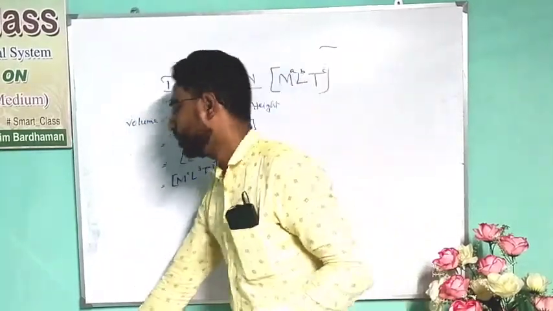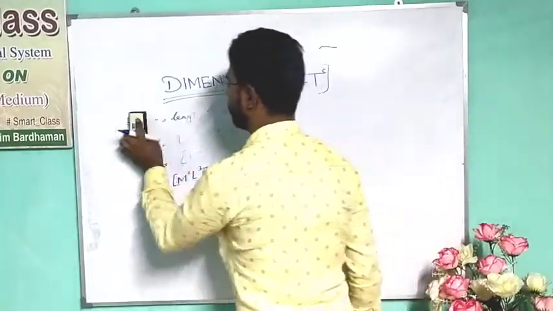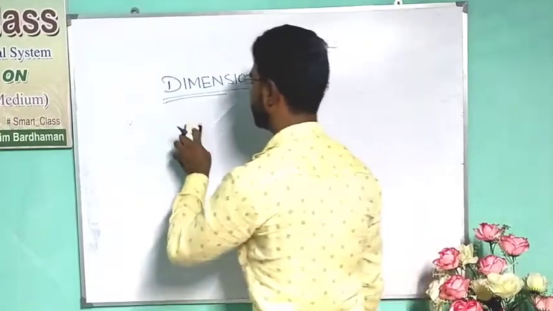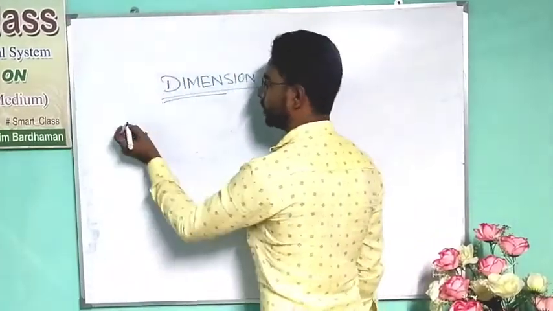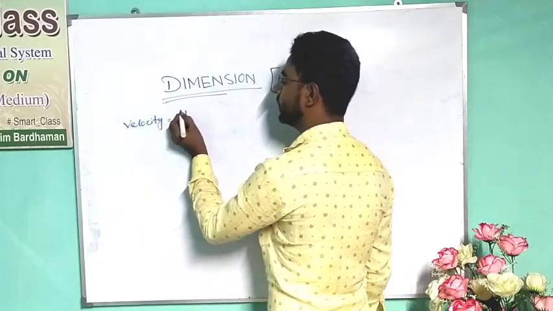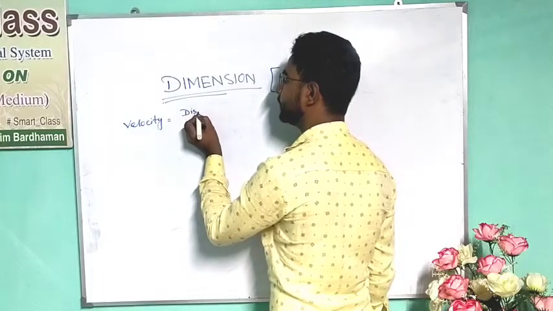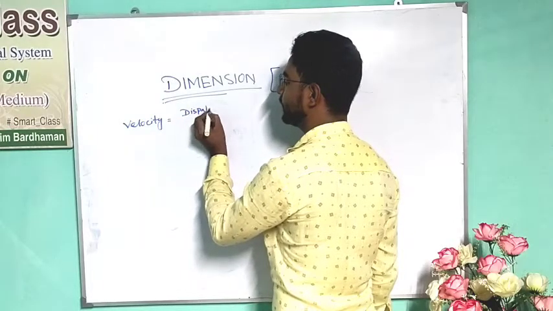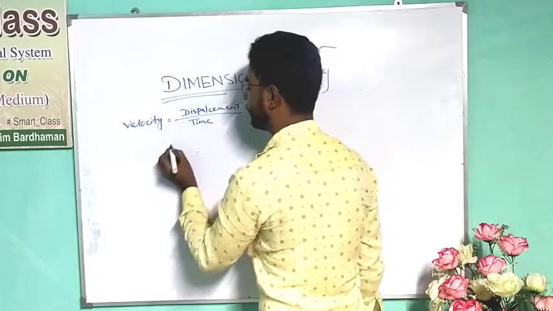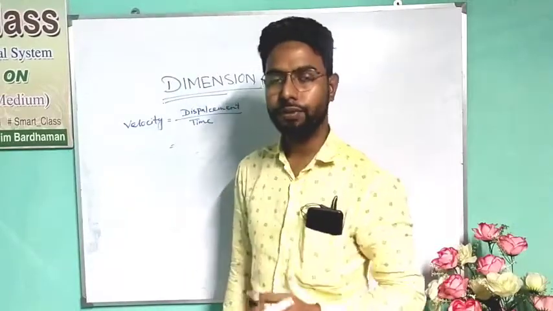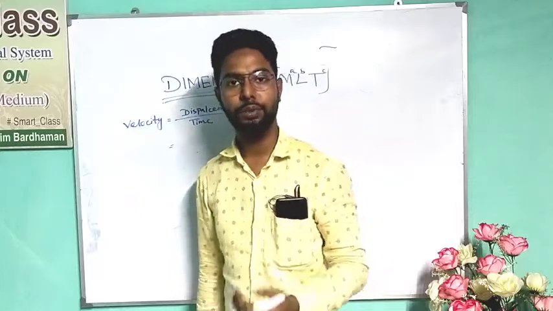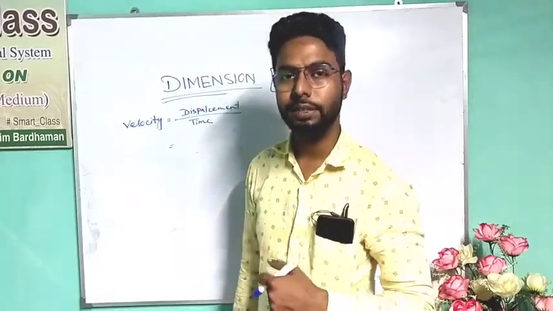Now we are going to learn the dimensions of some more physical quantities, like velocity. The formula of velocity is distance or displacement by time. Displacement or distance is measured in units like meter or kilometer, so it is also a length.